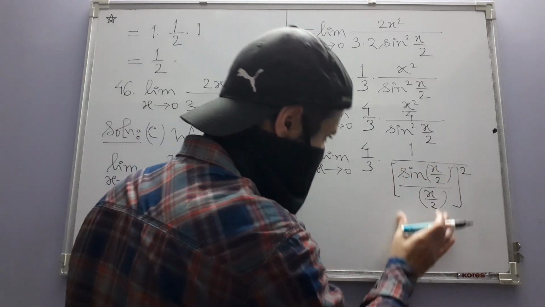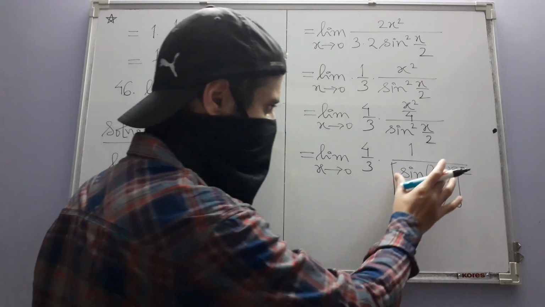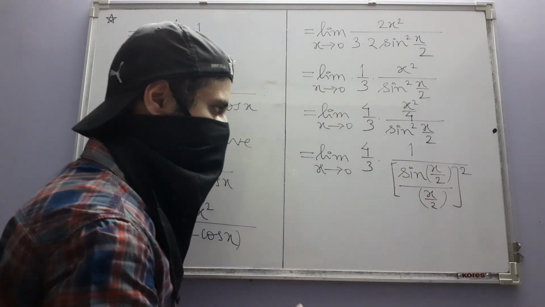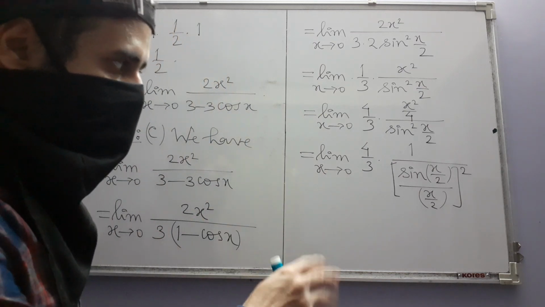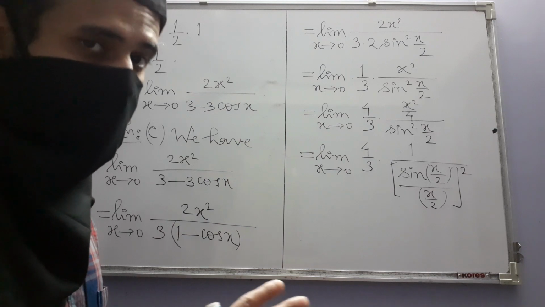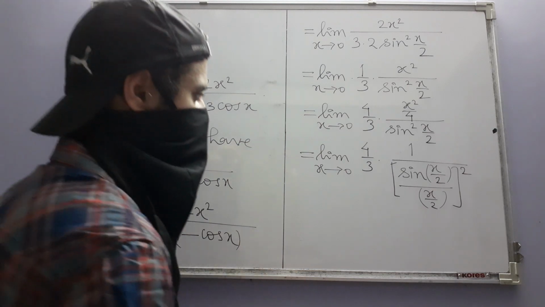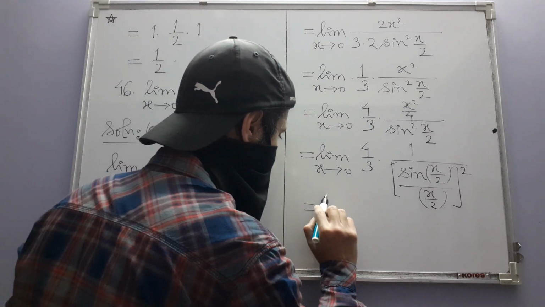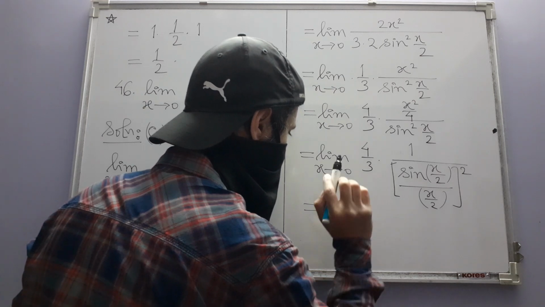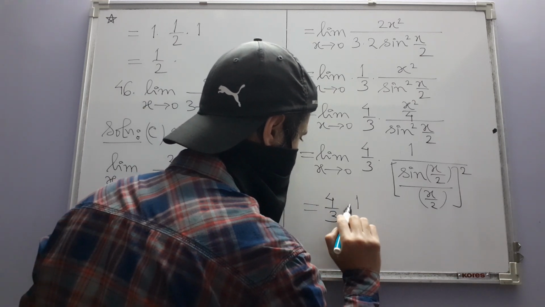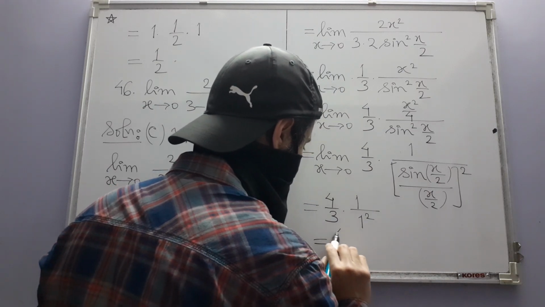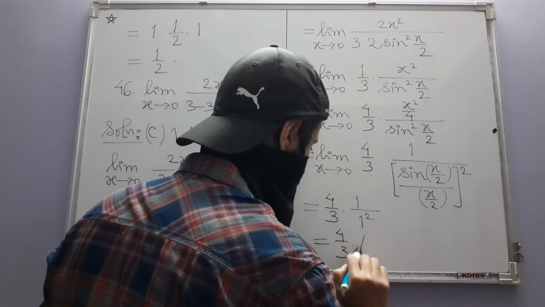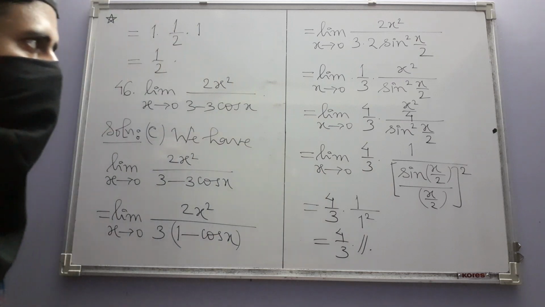Now only just this ratio approaches 1 as x approaches 0. So its square also approaches 1 square, which is 1, and that's why this limit is this, 4 over 3.